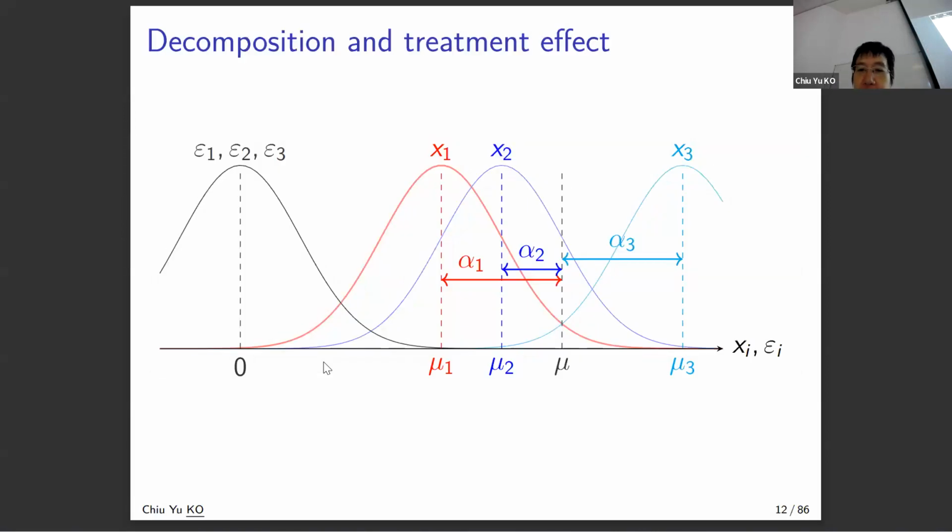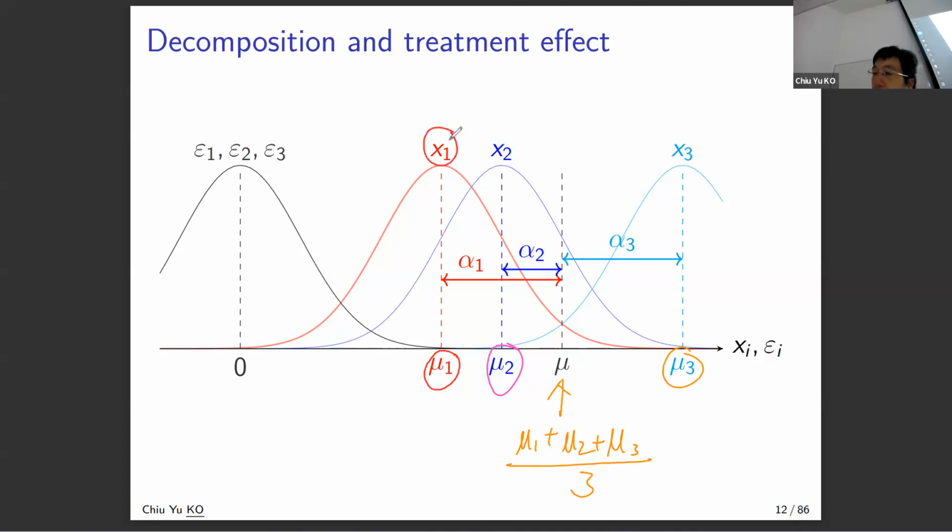Graphically, what it means is like this. I have data x1. You take the average of the three numbers: mu1 plus mu2 plus mu3 over 3. That's the middle. What you observe is the red one.